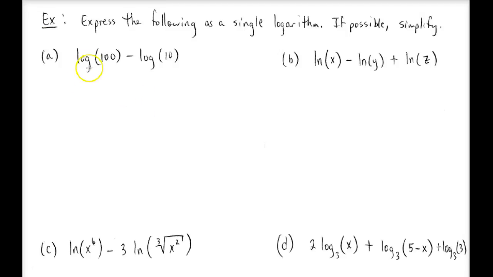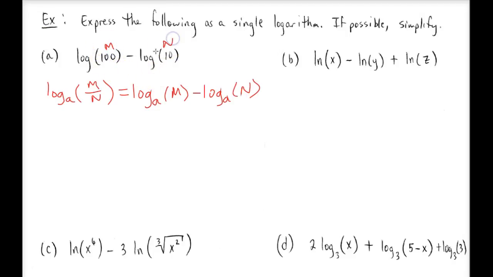So for example A, we know that log base A of m divided by n is just log base A of m minus log base A of n, where m in this case would be the 100 and n in this case would be 10. So we need to change it from this form, which is on the right, to this compact form, which is on the left.